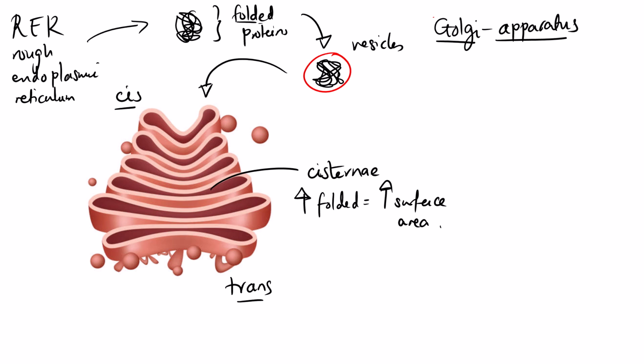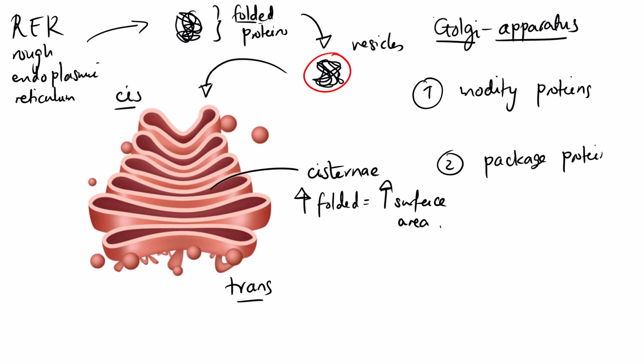Now let's talk about the main objective of the Golgi apparatus. The main objective essentially is, number one, to modify proteins, and number two, to package proteins. Now, the modification is achieved by adding carbohydrates.